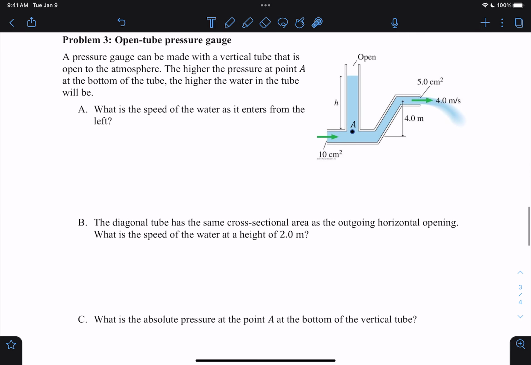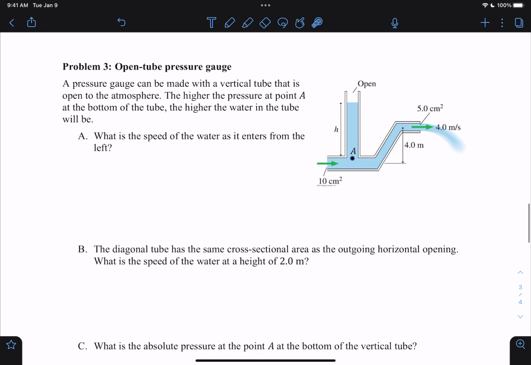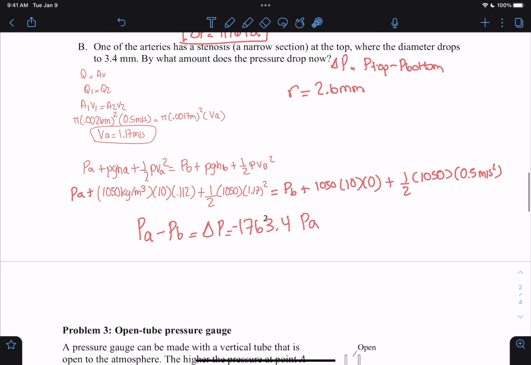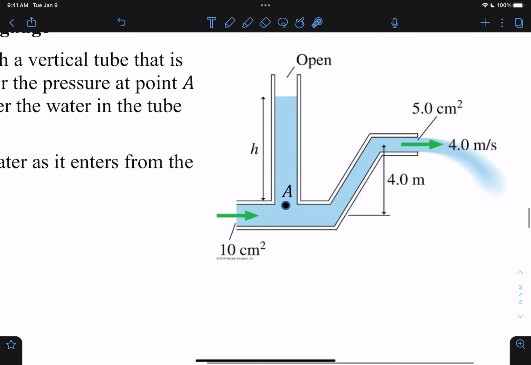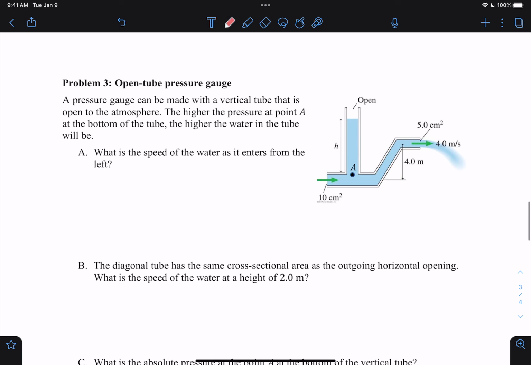I think we could possibly do it, but it would be a little more difficult because you have to compare the height at A to this unknown height, or even use one of these heights somewhere. But like I said, we do have area and we have speed, at least for this section here.